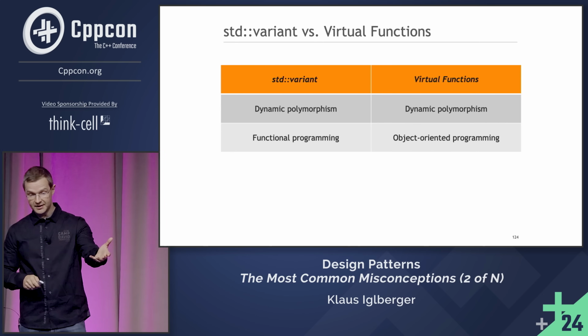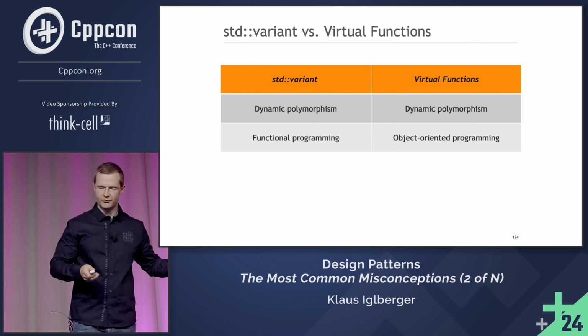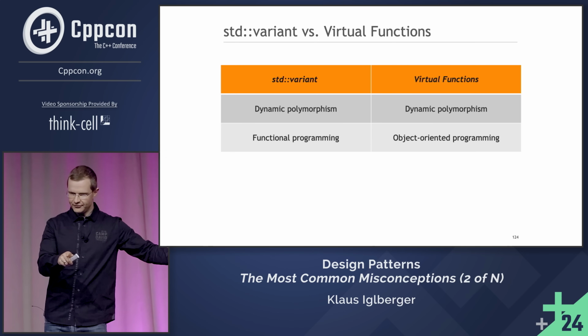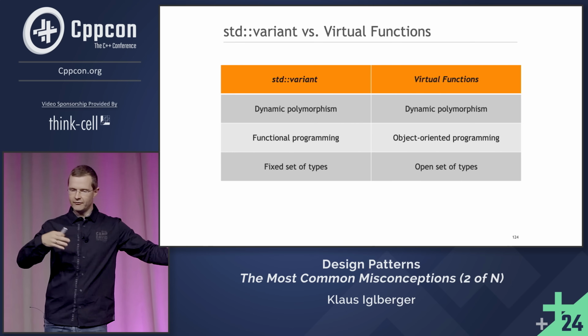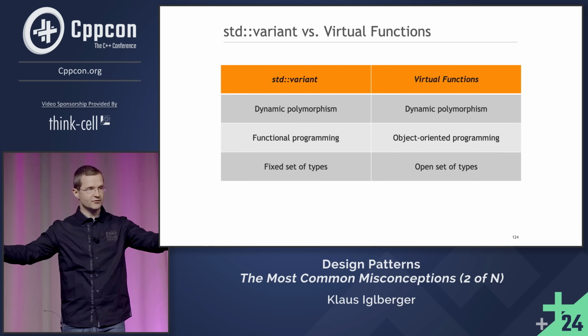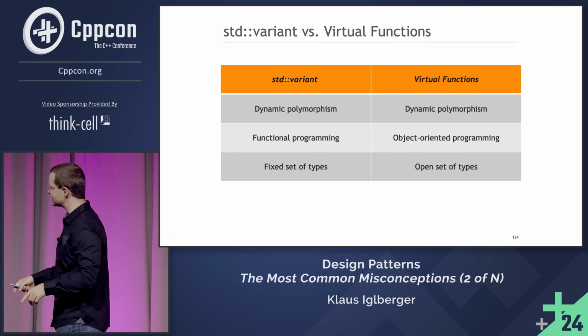But the state variant has more a functional approach. Virtual functions, of course, are more the object-oriented side of things. But this is the difference that really counts. Because the state variant is something where you have a fixed set of types, whereas the virtual functions give you an open set of types. I can introduce new types in an object-oriented setting super easily.